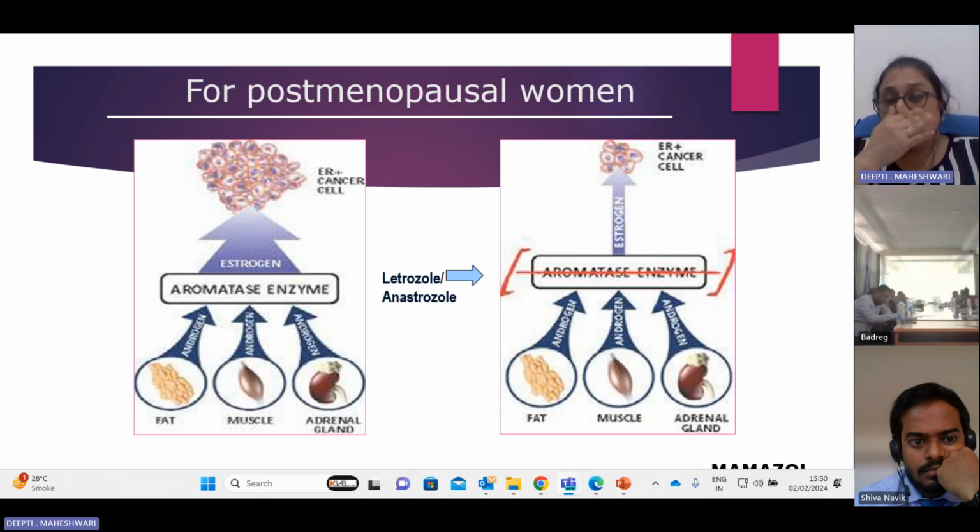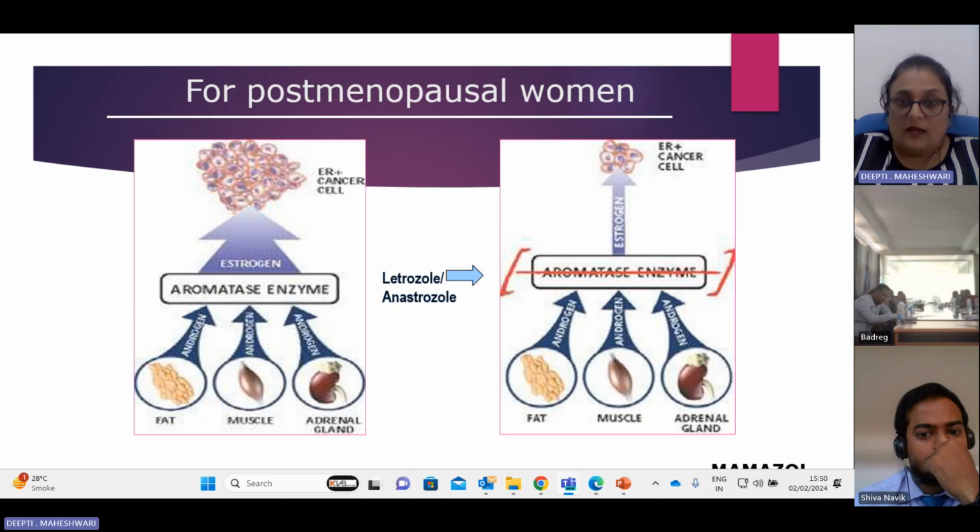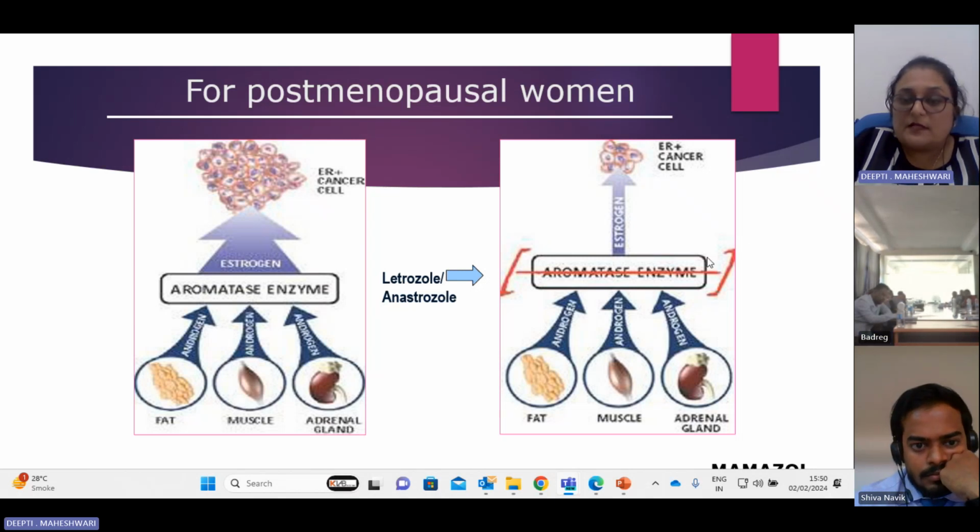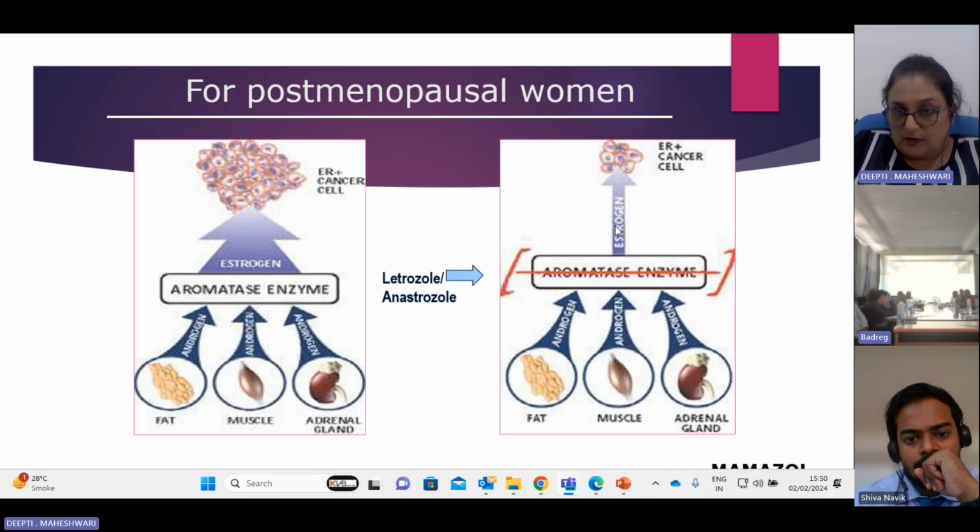Now, if a female is suffering from breast cancer which is due to estrogen, then our goal is to remove this estrogen. What aromatase inhibitors do is attach themselves to this aromatase enzyme and inhibit it. If they inhibit this enzyme, it will not convert androgens to estrogen.